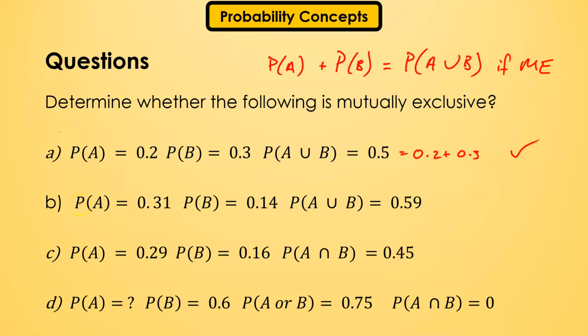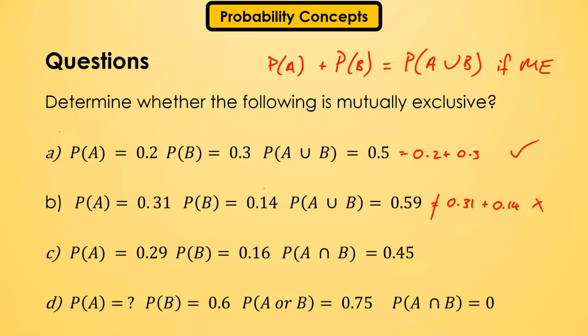If we take a look at the next one, we've got 0.31 plus 0.14. So they don't add up to 0.59. They add up to 0.45. So they're not mutually exclusive.